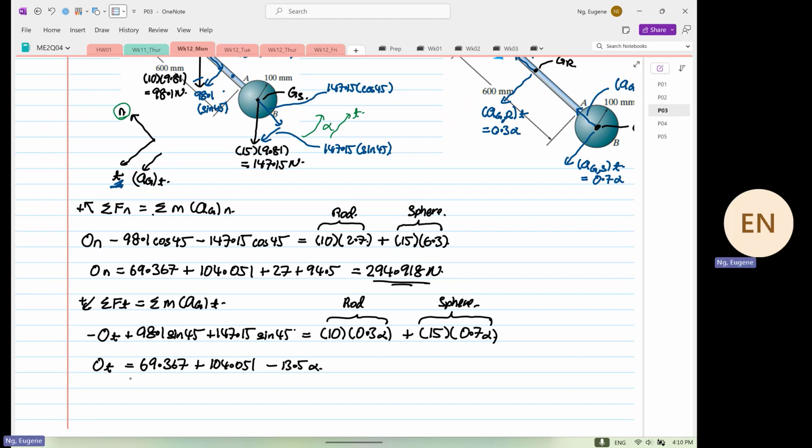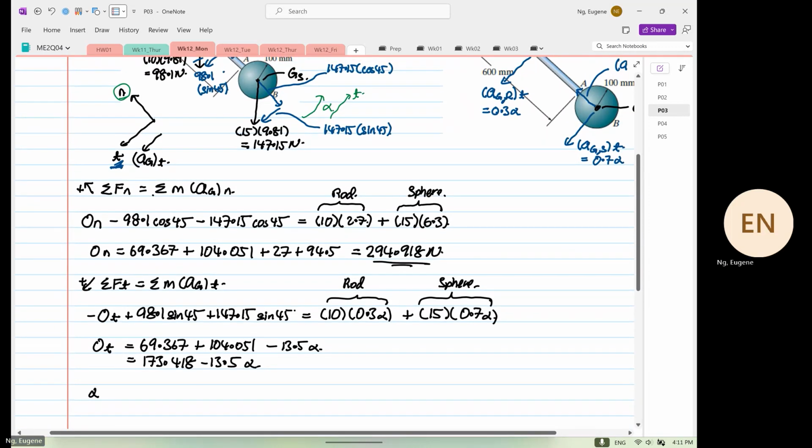So this will be equal to 173.418 minus 13.5 alpha. We don't know what alpha is yet. I have not a clue what alpha is yet. So alpha is unknown.